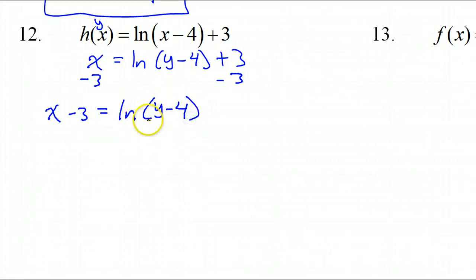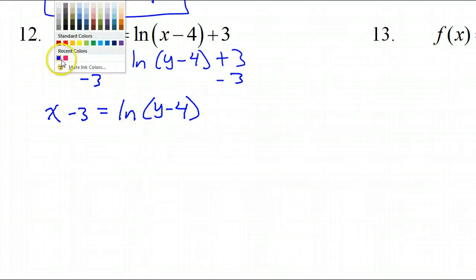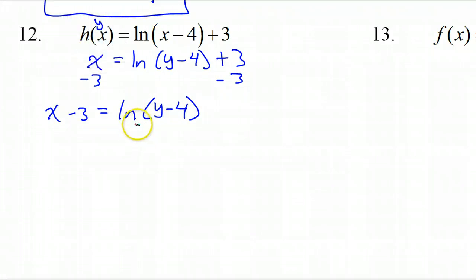Okay, that's as far as we can go with algebra 1. Now we need to rewrite this in a different form. It's in log form, so let's try exponent form. Please understand that natural log is an invisible base e. So when I rewrite this in exponent form, I'm going to start with that e.